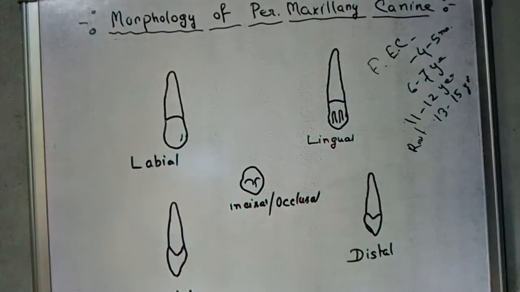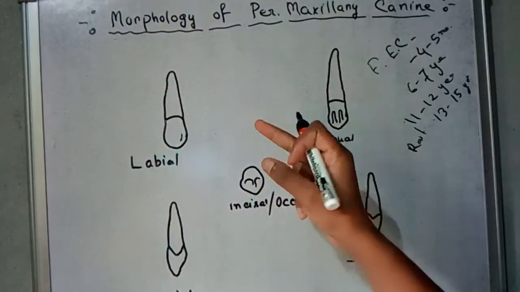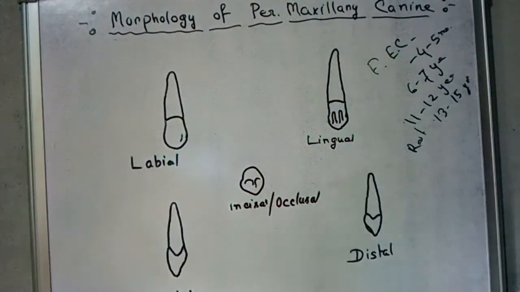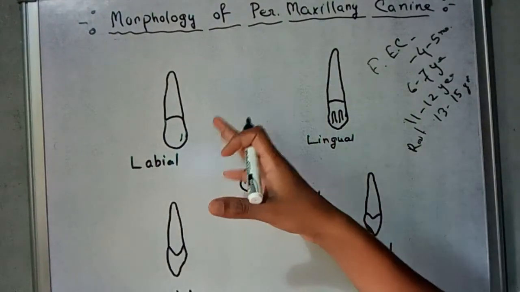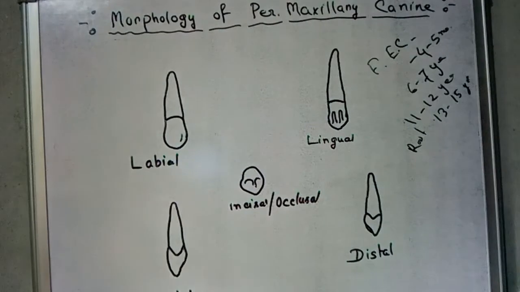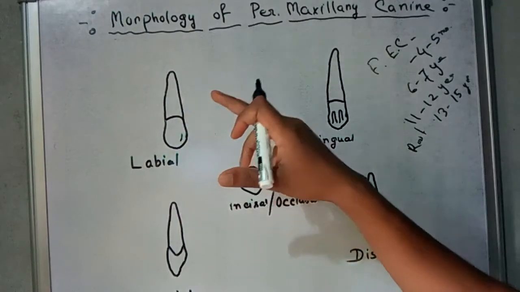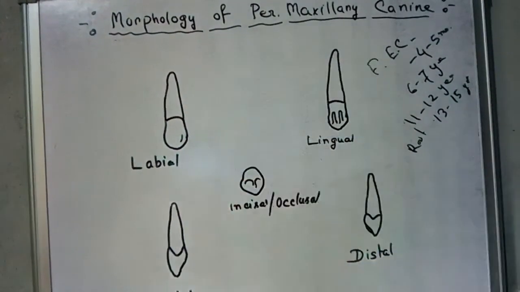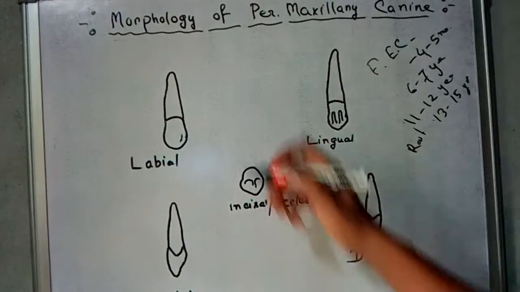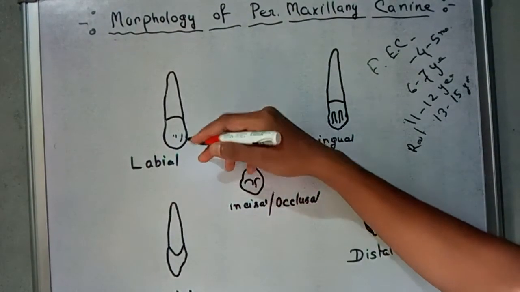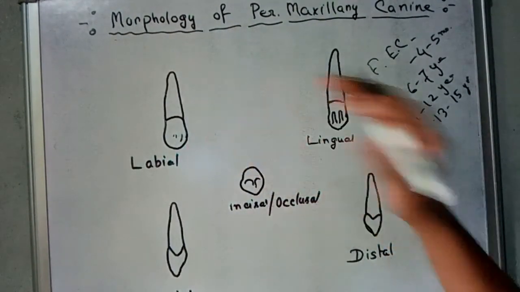It has two slopes, the mesial slope being shorter than the distal slope. The labial surface is smooth and bulky in the middle because of the labial ridge.